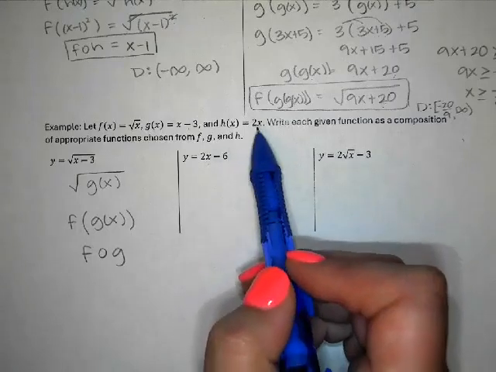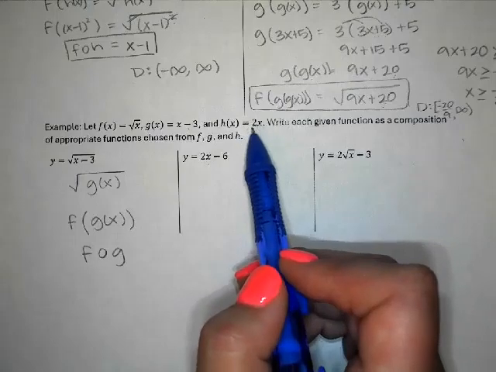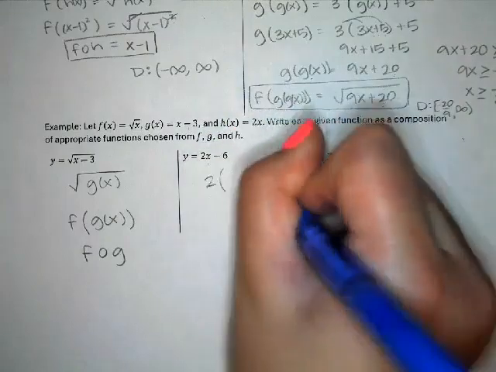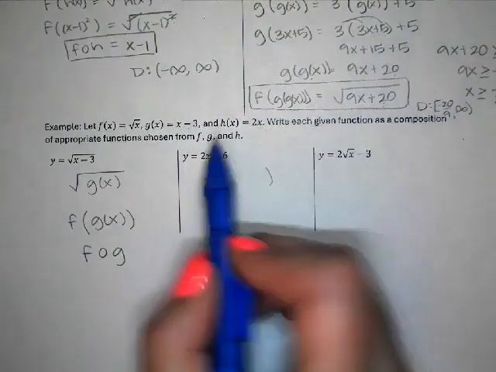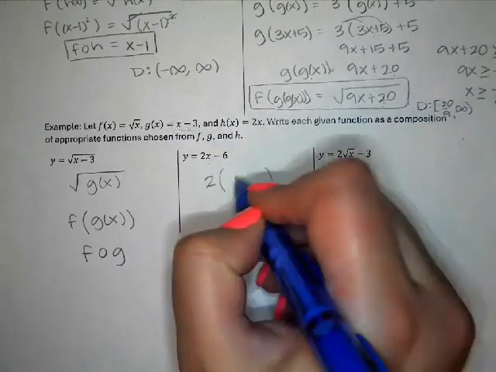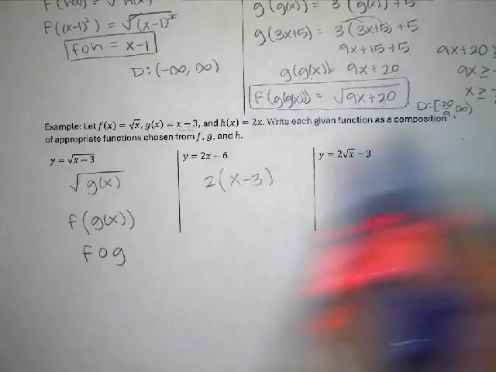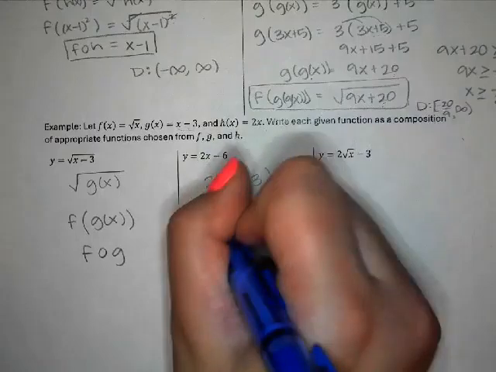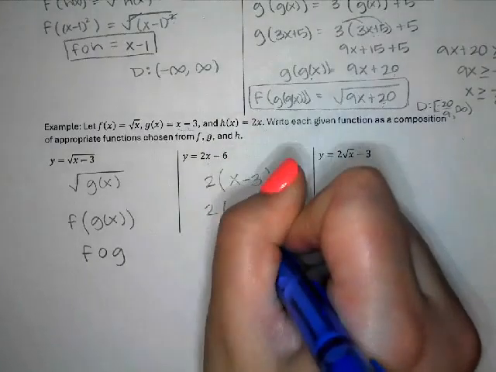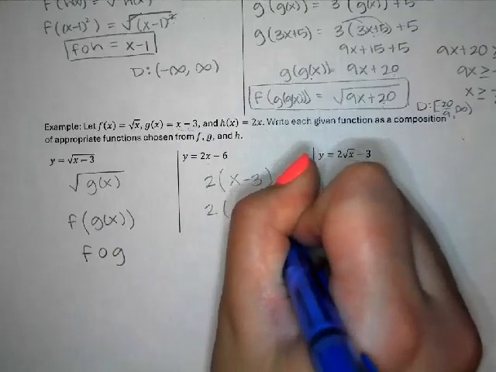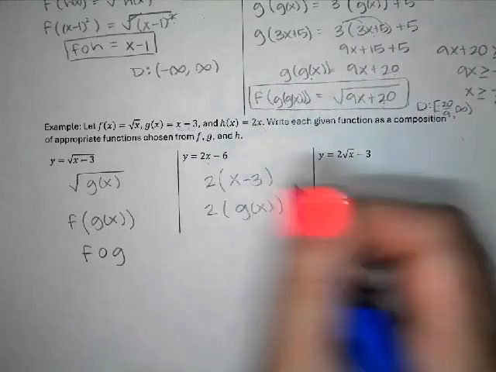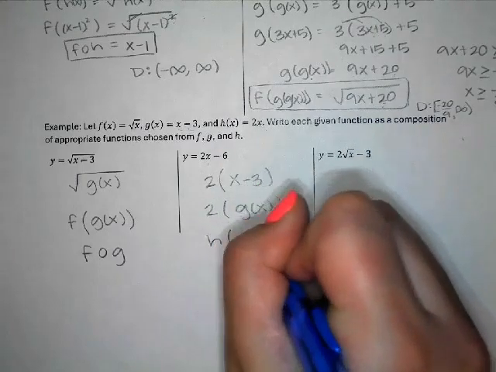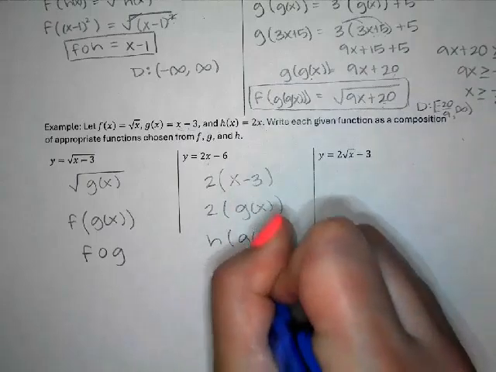And that's if I started with this function right here and I did 2 and multiplied it by something else. And if the thing that I multiplied it by was the x minus 3, then when you distribute the 2, you could get 2x minus 6. So we have 2, and the inside function would be g of x. So the outside function is h, the inside function is g of x, so we have h of g.